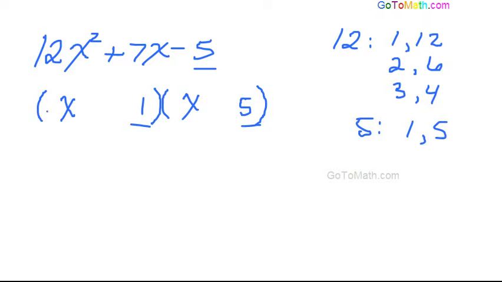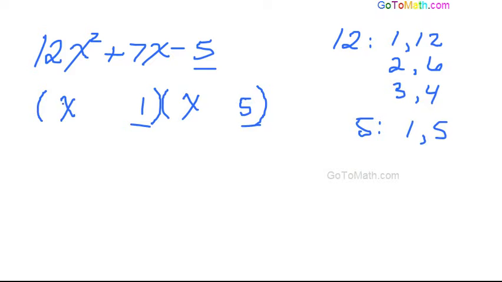Okay. So here we go. Let's try, well, we know that a 12 couldn't go here because 12 times 5 is going to end up being 60, and that's way too far away from what this is here. If we put a 6 here, 6 times 5 is 30, and that can't be it either. But what about if this were a 2, and 2 times 5 is 10, and this were a 6.